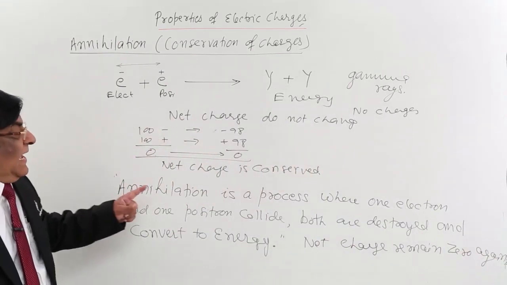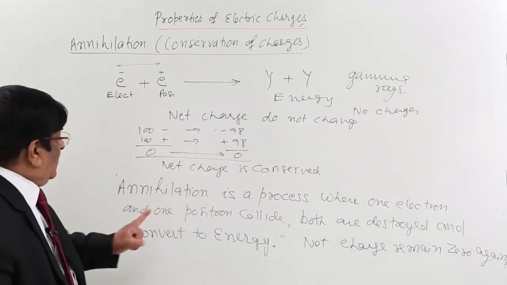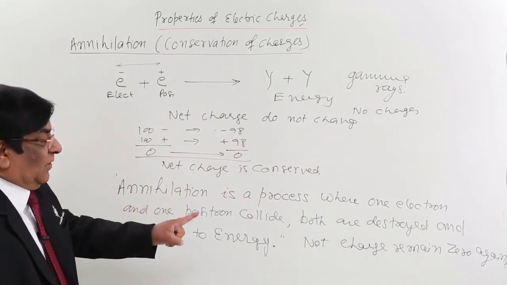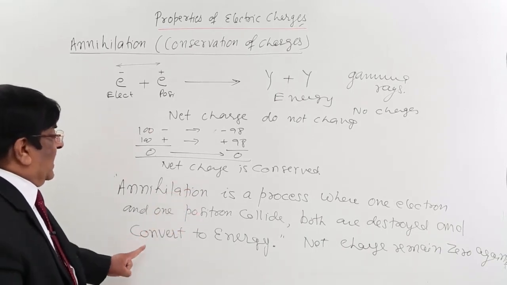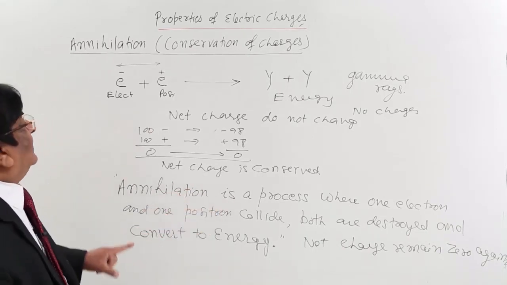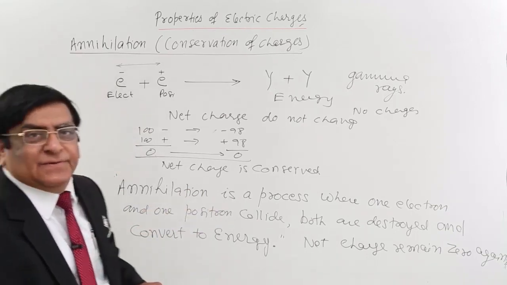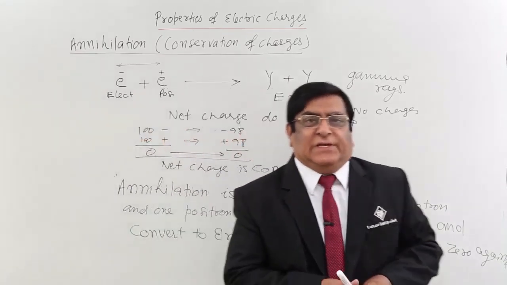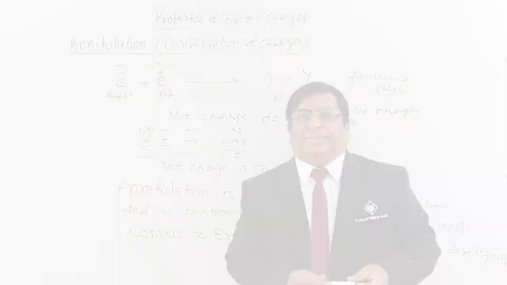Annihilation is a process where one electron and one positron collide, both are destroyed and convert to energy. Net charge remains 0 again. This is annihilation.